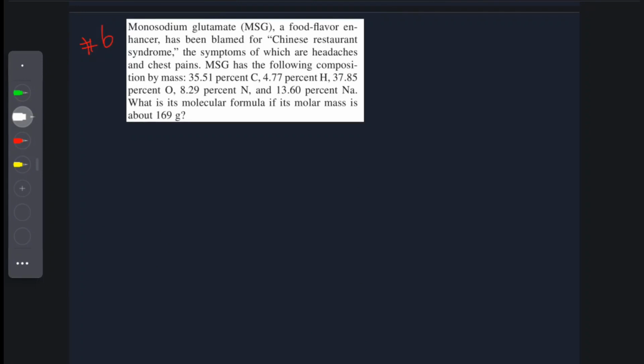In the sixth question, monosodium glutamate, MSG, a food flavor enhancer, has been blamed for Chinese restaurant syndrome, the symptoms of which are headaches or chest pains. And MSG has the following composition by mass: 35.51% carbon, and maybe we should write them or sign them.